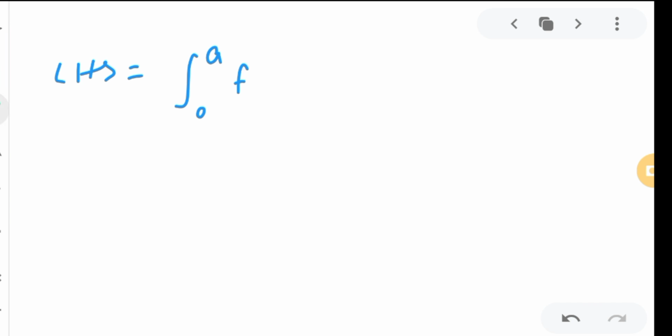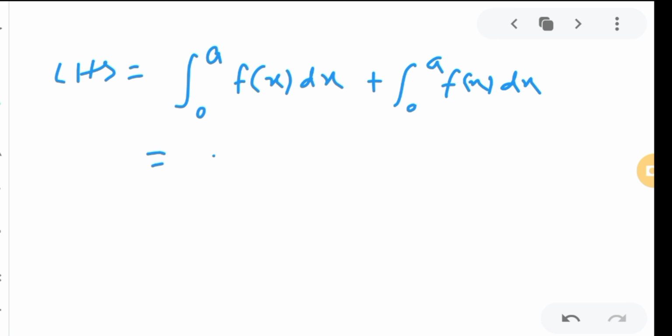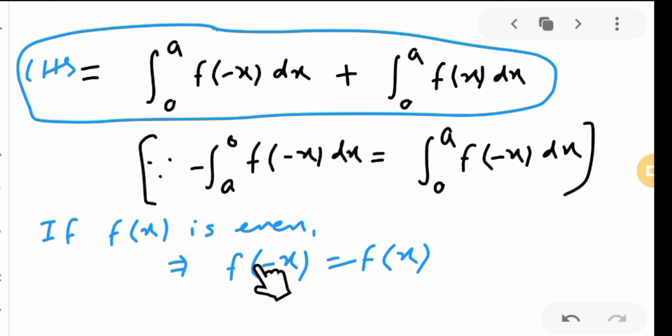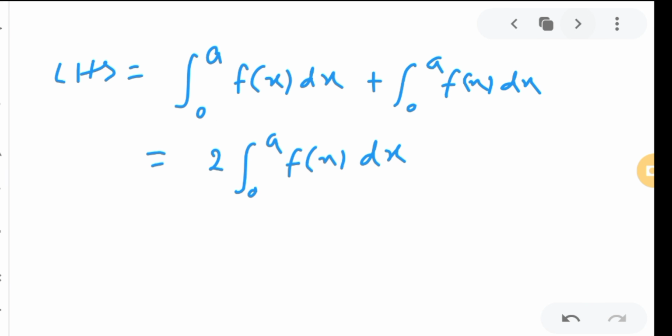So 0 to a, f of minus x will be f of x only, the rest everything will be the same as it is. So if f(x) is even, then this is twice 0 to a f(x) dx, correct? I don't think there is any issue. So this I got, and this is what we have to prove.